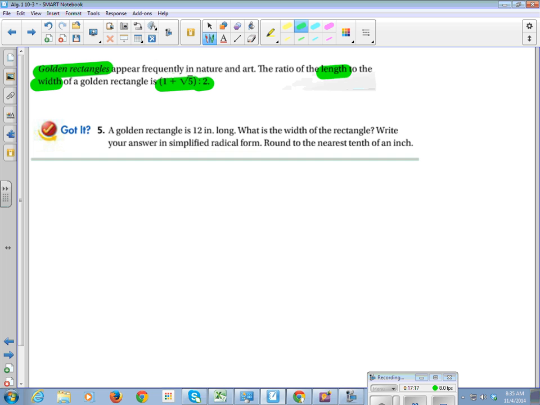For our problem here, our golden rectangle is 12 inches long, so our length is 12 inches. What is the width of the rectangle? We don't know the width.